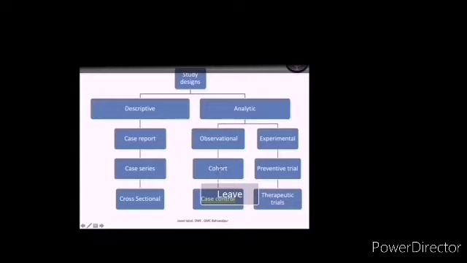So, case control study is actually a cohort study, but it is designed in such a way that apart from studying that group which had a disease, another similar group is studied which does not have a disease. And then they are compared together.